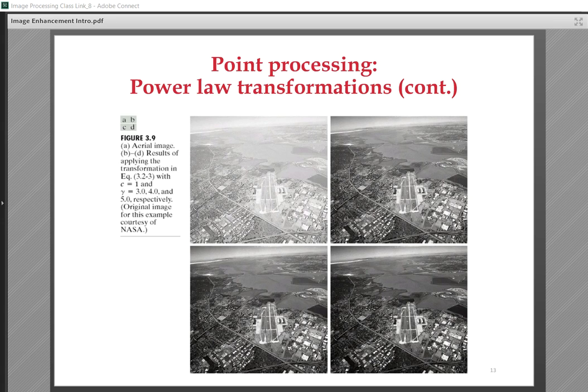You see more gamma, more contrast. Here, the aerial image from the sky, and all of these items, B to D, are the result of the power law transform with C is 1 and gamma 3, 4, 5.